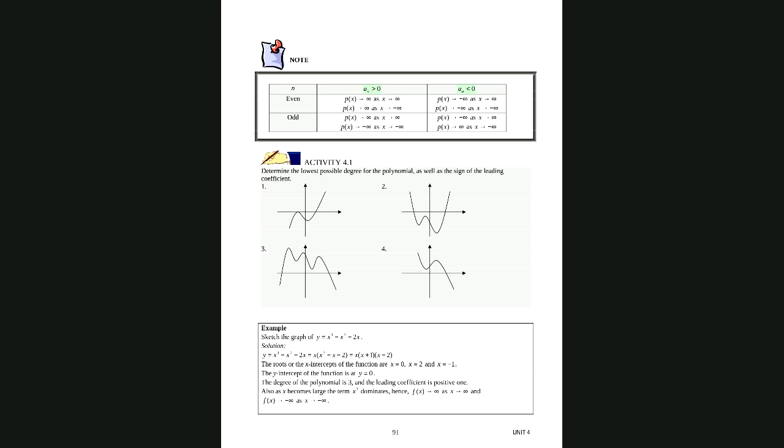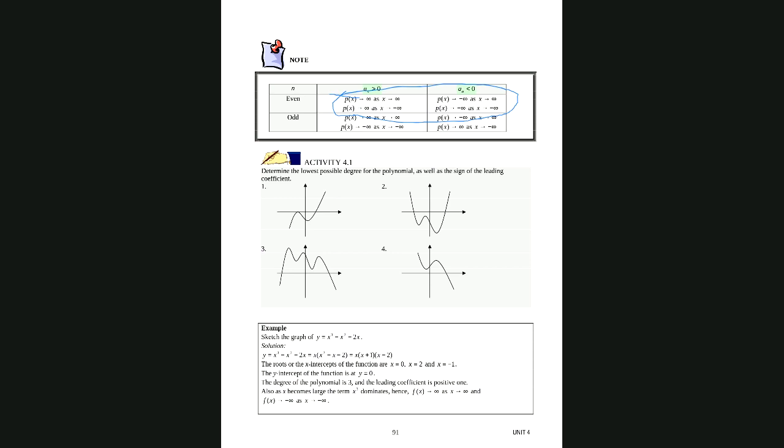Now, look at here. They are saying that if the leading coefficient a_n is positive, as x approaches positive infinity, y approaches positive infinity. And as x approaches negative infinity, y still approaches positive infinity.